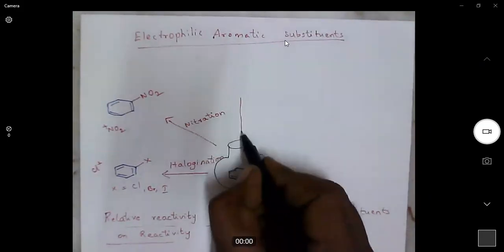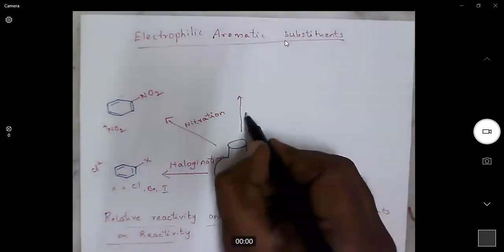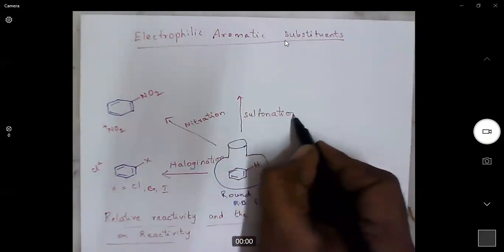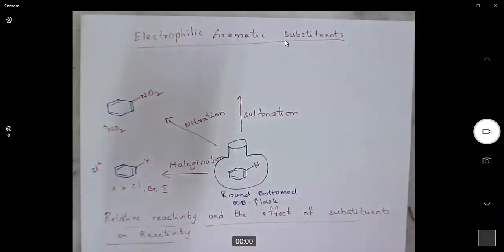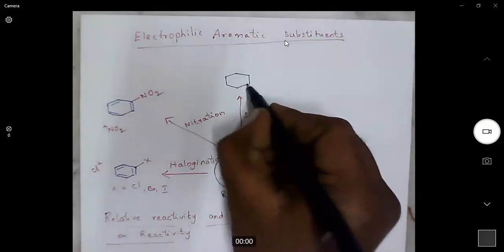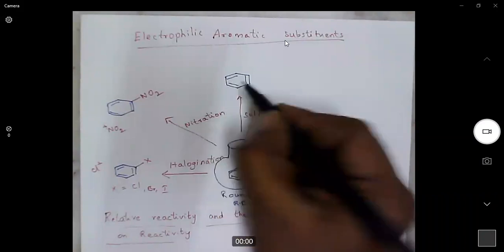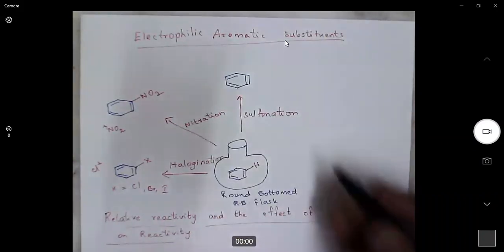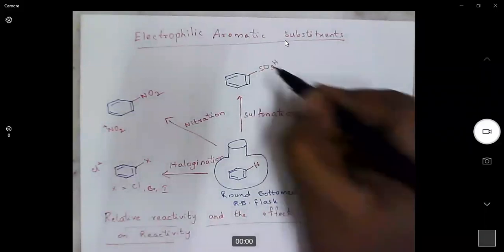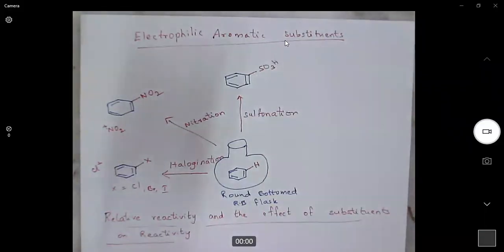Next aromatic electrophilic substitution reaction is sulfonation. What is sulfonation? Substitution of one of the aromatic hydrogens with a sulfonic acid functional group. What is the electrophile here?